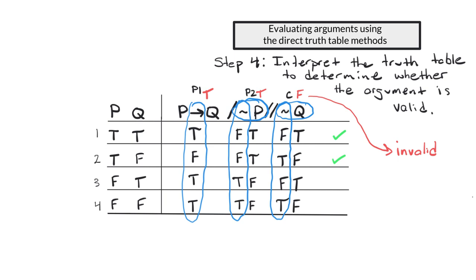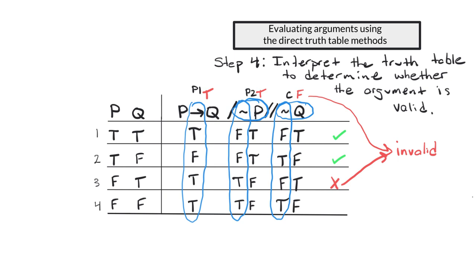So that is the exact pattern that shows that it is possible for this argument to have all true premises and a false conclusion, and we just showed that with the truth table through this combination of truth values. When we plug it into the form of this argument, we get premise 1 is true, premise 2 is true, and the conclusion false.